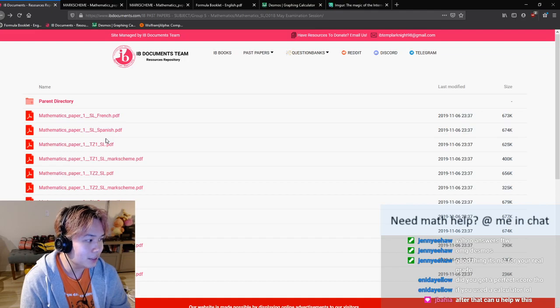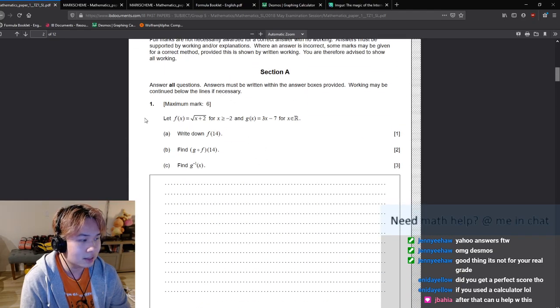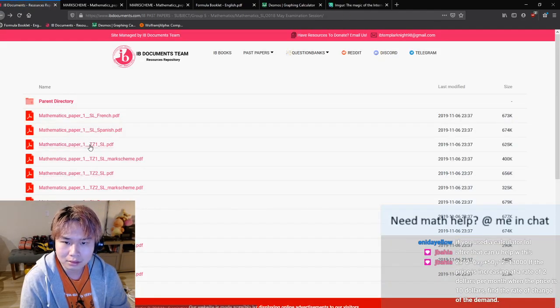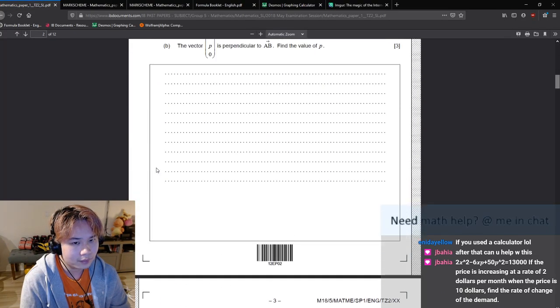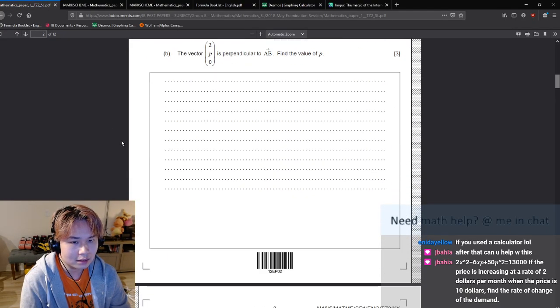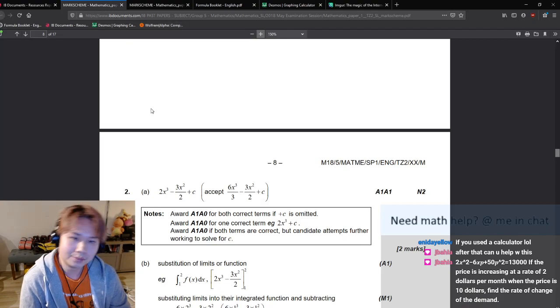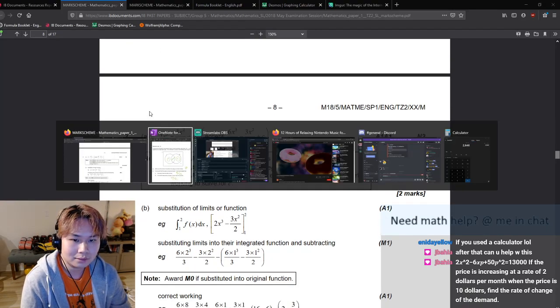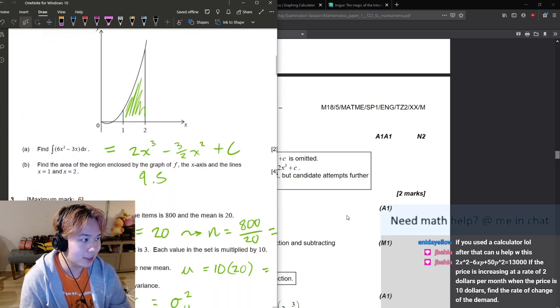What paper was I even doing? It was not this one. Yeah, it was this one. Oh wait, okay, this is question 1, but it's from a different paper. This is question 2, which matches up with this one.